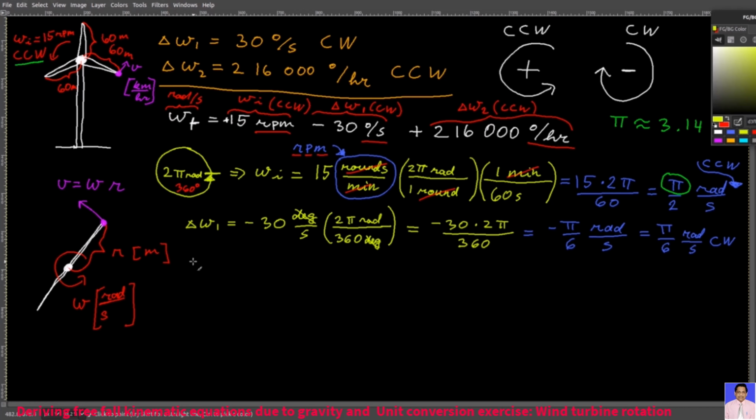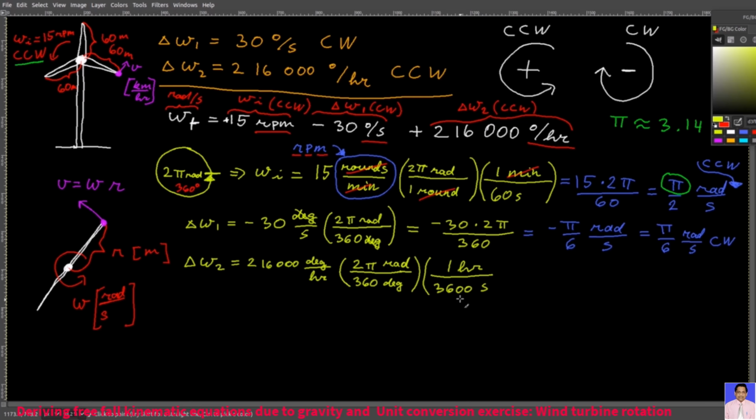Finally, you have delta omega 2 equals 216,000 degrees per hour. I don't want degrees, I don't want hours. What I need is radians and seconds. So again, I will have a ratio here. I will say that 360 degrees is 2 pi radians, and I will also say that 1 hour has 3,600 seconds.